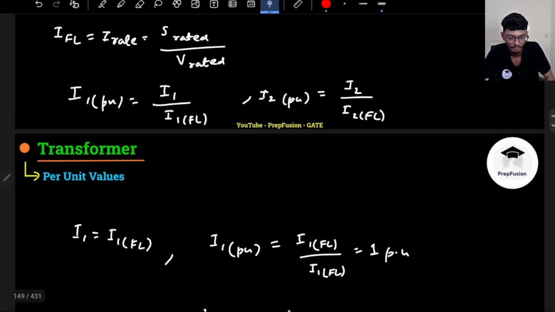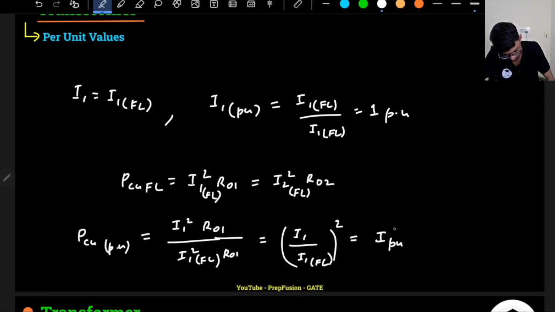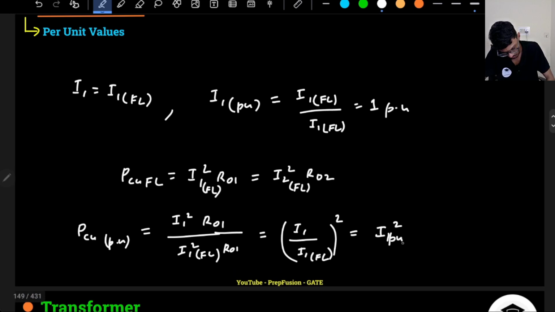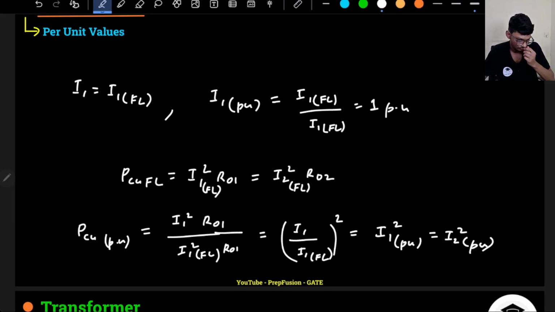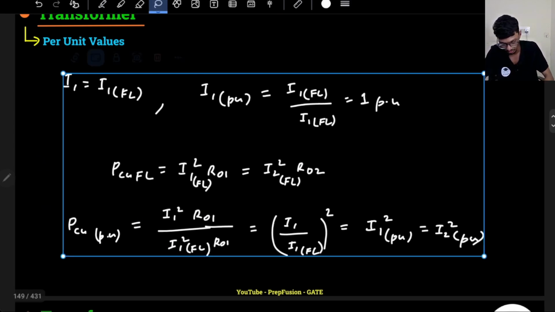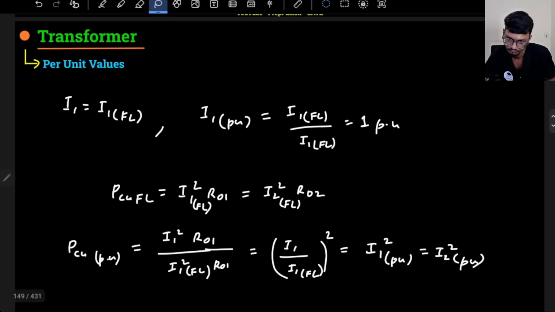So it will be equal to I1 pu whole square. Or same thing you can do for the secondary as well. It will be equal to I2 pu whole square, because in per unit it does not matter whether I am in the secondary or primary. It automatically gets converted.